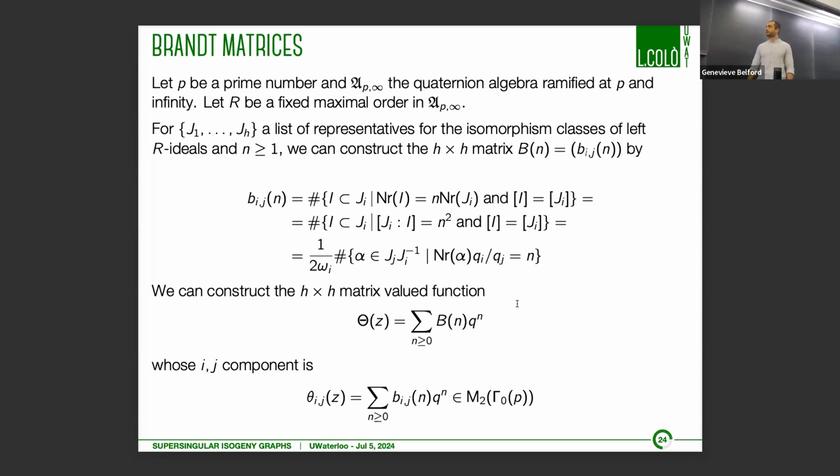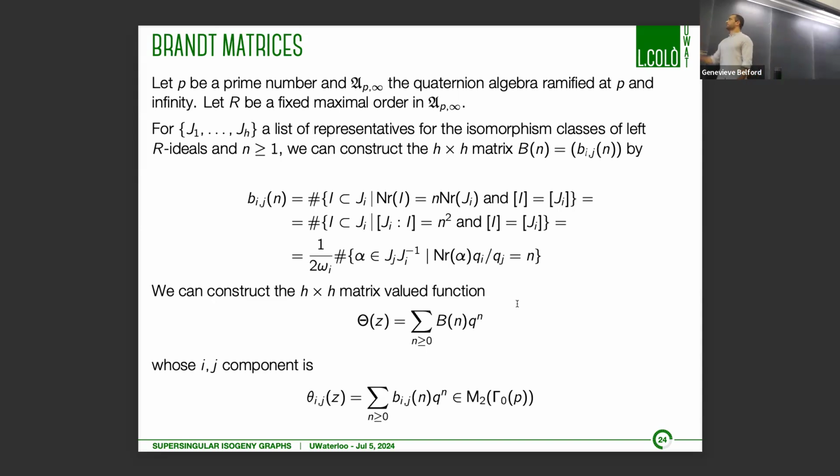You can fix a maximal order in the quaternion algebra, and you can look at a list of representatives of isomorphism classes of left ideals for this order. Again, by the work of Deuring, these are in bijection with the isomorphism classes of elliptic curves. So each one of these ideals corresponds to one isomorphism class of elliptic curve. The way it works is that if you construct the right order associated to these ideals, then that order is the exact endomorphism ring of the supersingular elliptic curve.